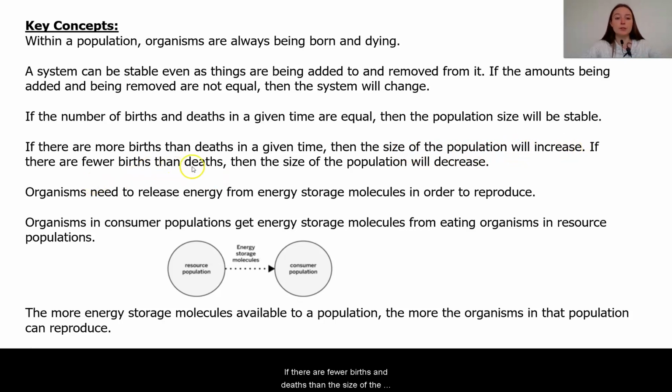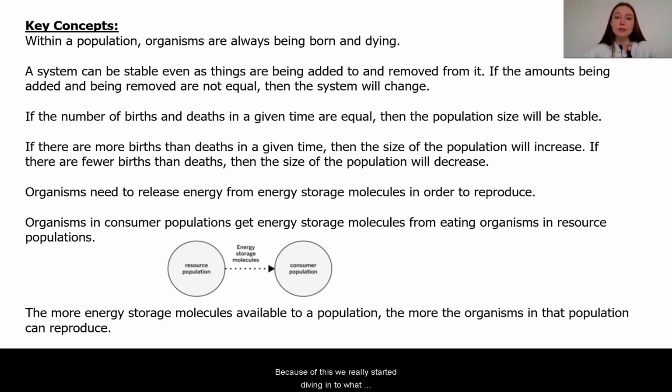If there are fewer births than deaths, then the size of the population will decrease. We learned very quickly that the key to population growth or stability is in the ratio of births and deaths. We must look at both sides to understand and make predictions about what is happening in a population.